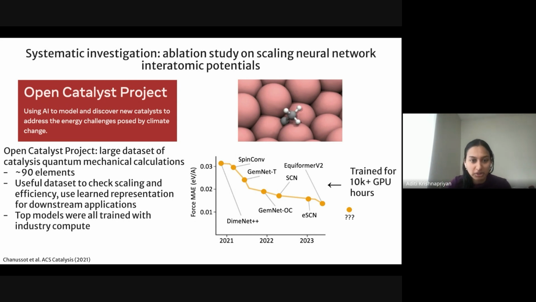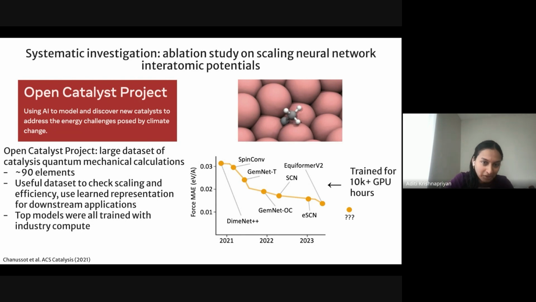This is, of course, a really specific type of system, catalysts, but I think at a very high level, it's useful for checking certain things like scaling and efficiency, and it's useful for thinking about how to use these learned representations for downstream applications.